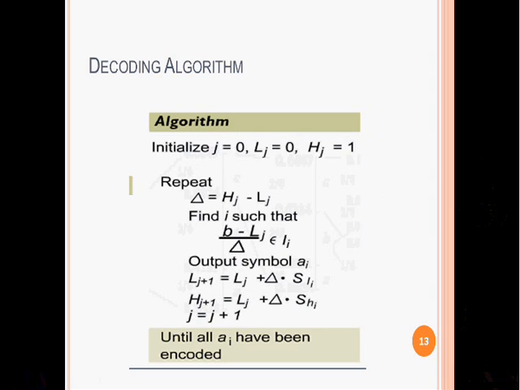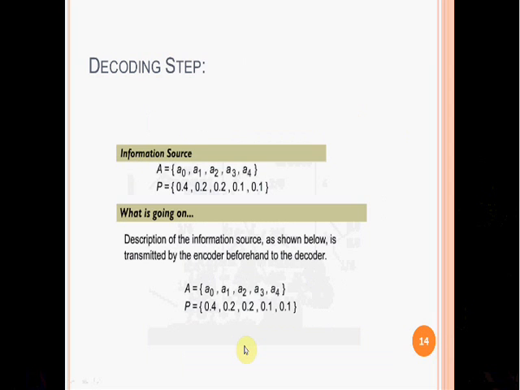And in each step we'll calculate Lj plus 1 and Hj plus 1, which are the next lower and higher limits as mentioned in the algorithm, and this is repeated until all AIs have been encoded.